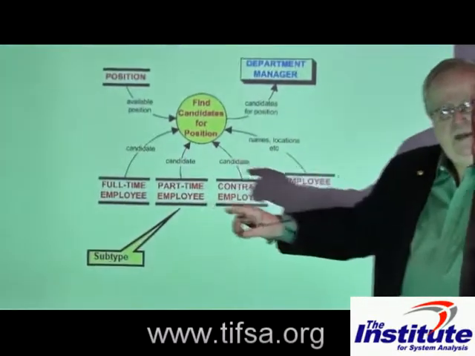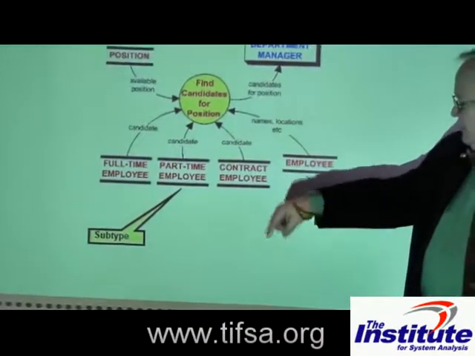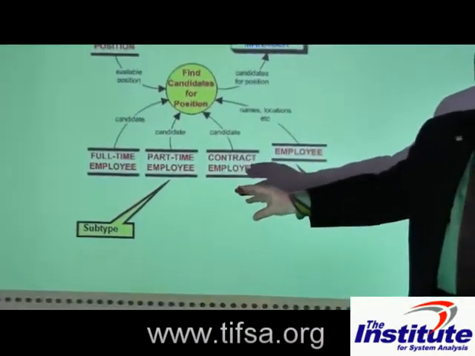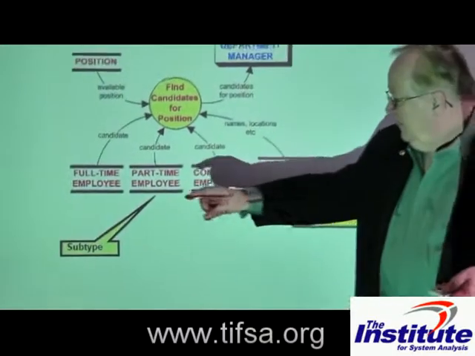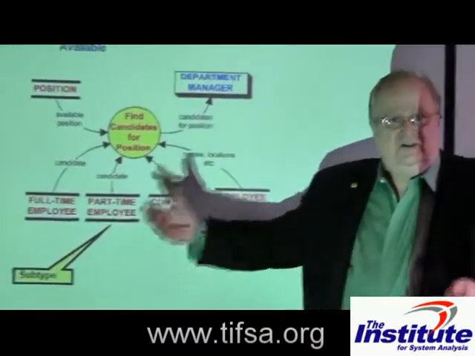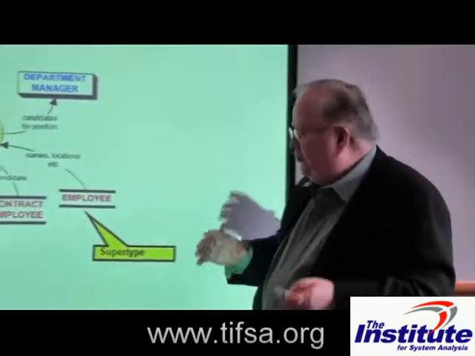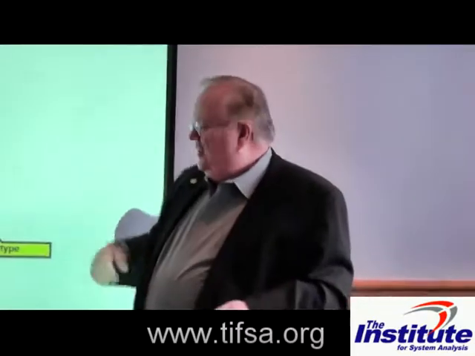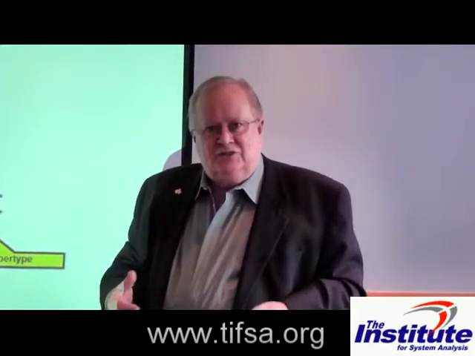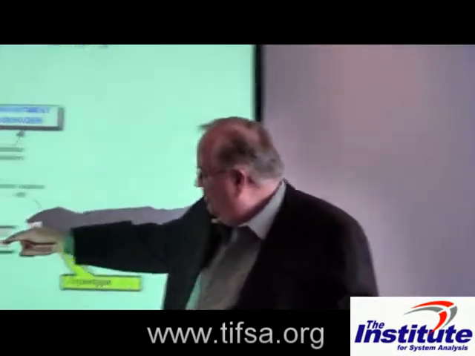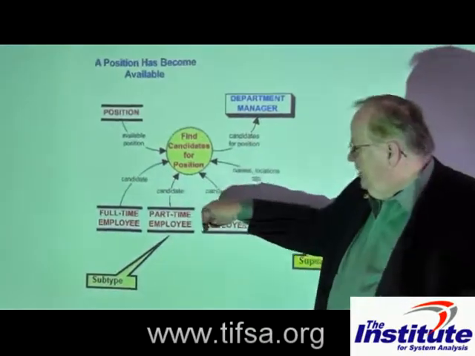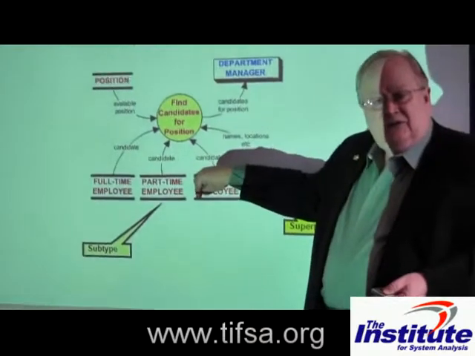Therefore, we've partitioned each of them and make sure only the data that describes contract is attributed to contract, only the data that's definitive of part-time is attributed to part-time, but certain information, such as employee name, such as employee address, such as employee contact information, is common to all of the different kinds of employees that has some data that distinguishes them.